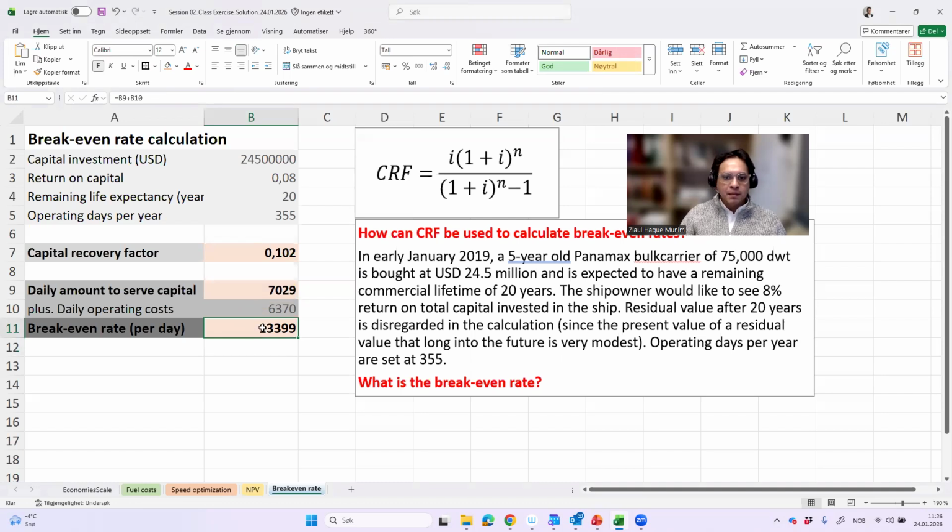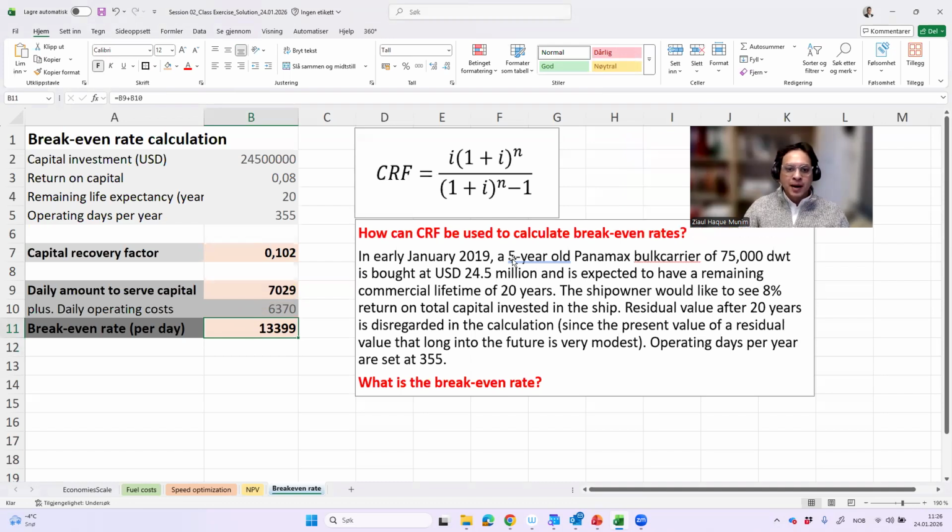So this is the amount we will actually need to break even. So our time charter rates should be per day at least this or more. Okay. So that's how we can normally use this in decision making when making an investment. This is a very simple and quick way of coming up with a quick estimation. Okay. Good luck.